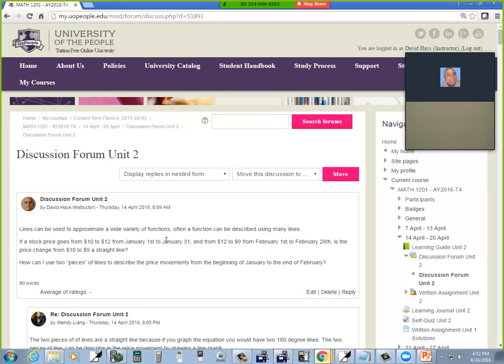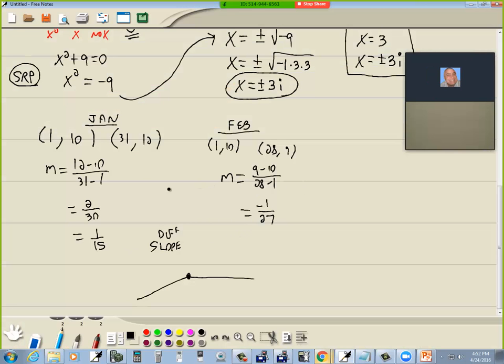Okay, stock price is a price change from $10 to $9, a straight line. Now this is the way I would interpret it. You could also take these and put them like the days that passed since the beginning of the year. So this would still be 1, this should be 31, but February 1st then would be 32.